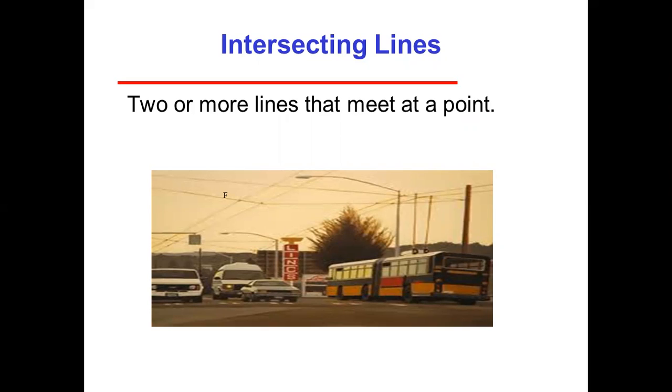If there are more lines, then we can get more points. So F is indicating one point where two or more lines meet. That is called the intersecting point, or we can say intersecting lines. So this is the difference between the line segment and intersecting lines.